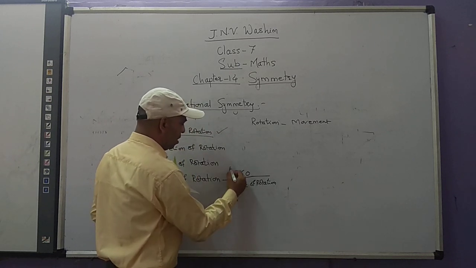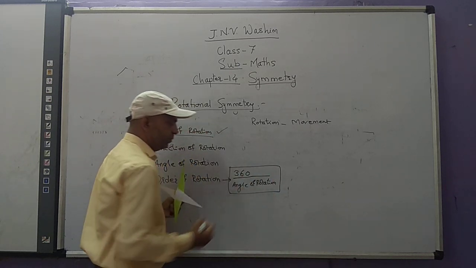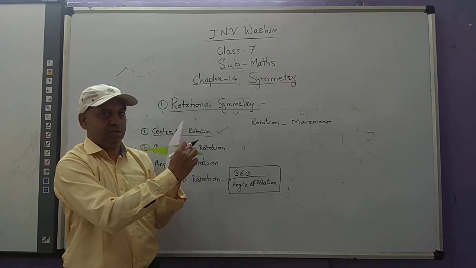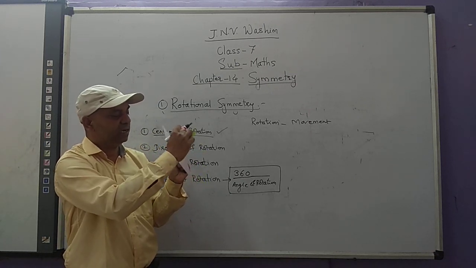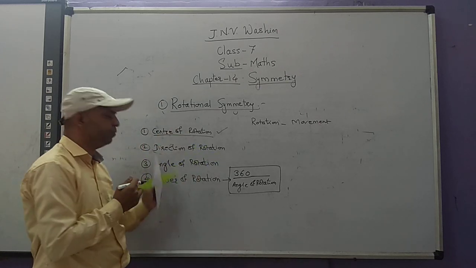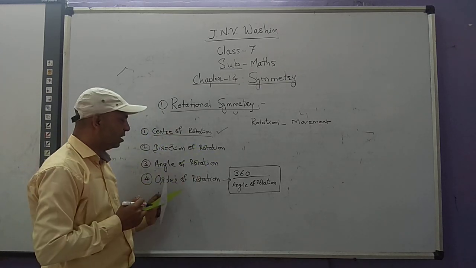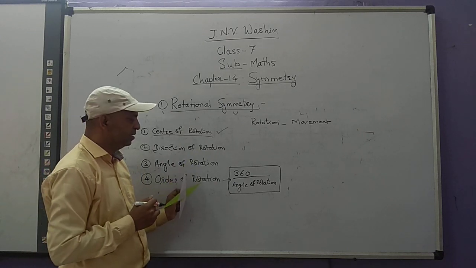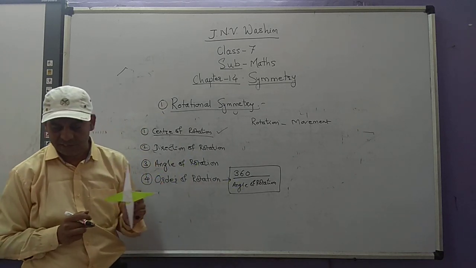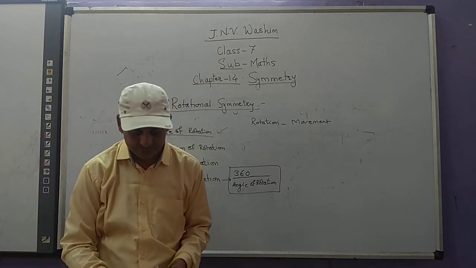Order of rotation means in a complete rotation of a figure, how many times it occupies the same position, and it is calculated as 360 divided by angle of rotation. See one example.